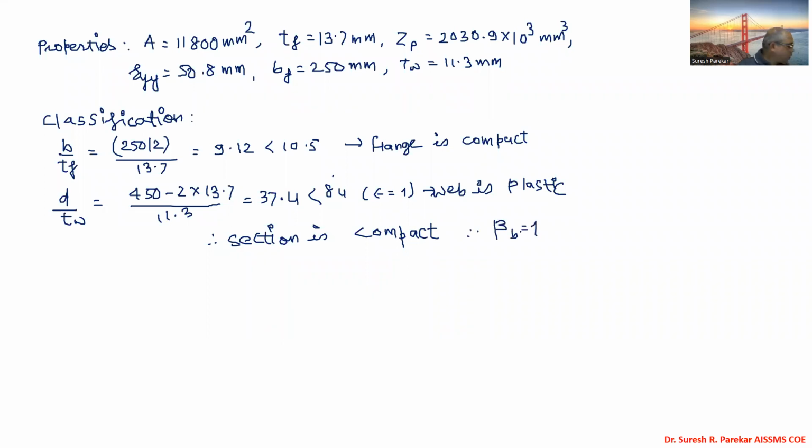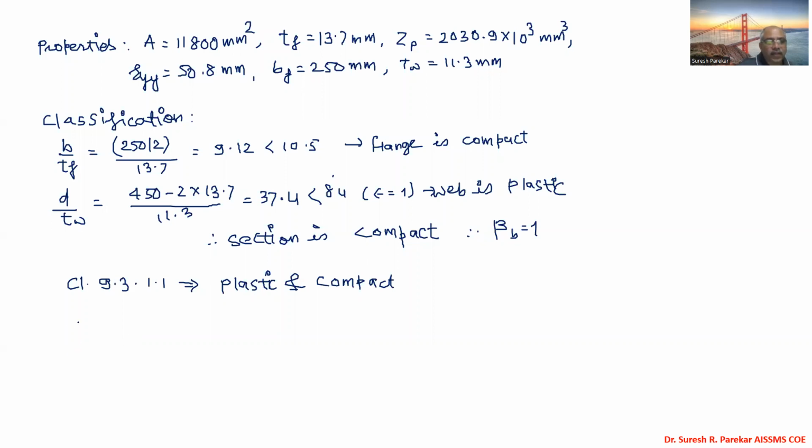Now we have to use clause number 9.3.1.1. This is for plastic and compact. And if it is semi-compact, then we have 9.3.1.3. So now in this we have actually the same.